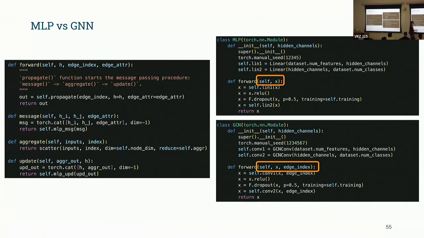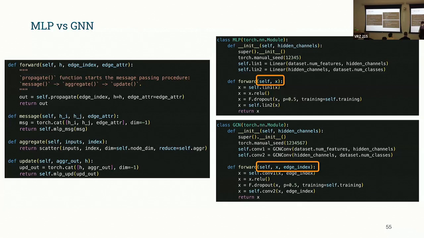If you see here the forward propagation of a multi-layer perceptron, it takes into consideration only X, where X is the features of the nodes, for instance, within the graph. So if you remember the matrix at the beginning, this was the matrix of 0 and 1. And then it also applies the usual operations: linear layers, so a matrix multiplication, dropout, and other stuff.